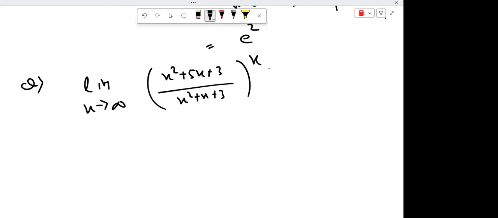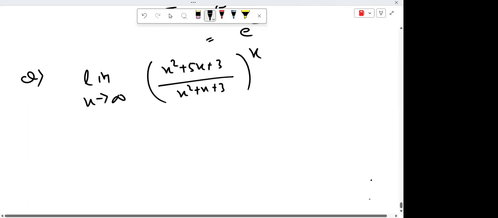Very simple question, same pattern. So it is equal to e.